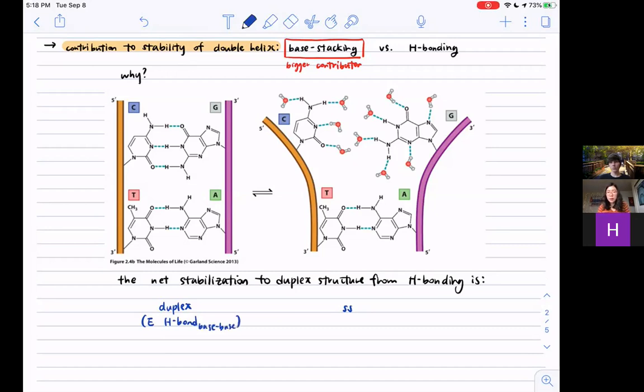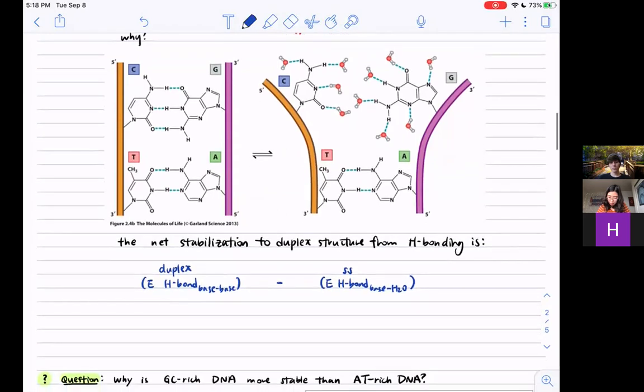And if you have hydrogen bonds in a single-stranded nucleic acid, they're going to be between a base and the surrounding water. To find the difference between them, you just literally subtract them, and the result is the net stabilization. The problem here is that although base-base hydrogen bonding interactions are pretty strong, these base-water hydrogen bonding interactions are also pretty strong.